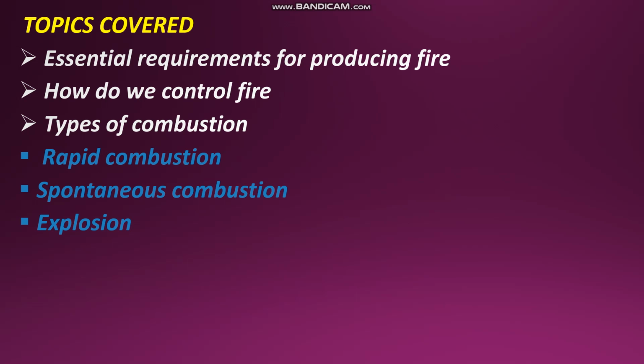And for fire involving electrical equipment or oil, we cannot use water. Then what will we use? We can use carbon dioxide as the fire extinguisher. How the carbon dioxide controls the fire also we have learned. Then we learned the types of combustion. Three types of combustion we learned: rapid combustion, spontaneous combustion and explosion, and their examples also.